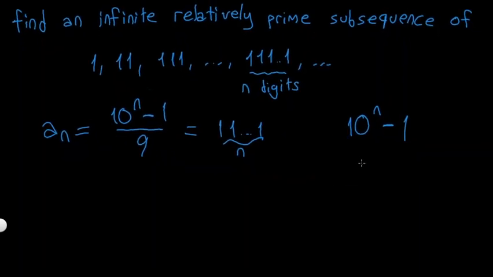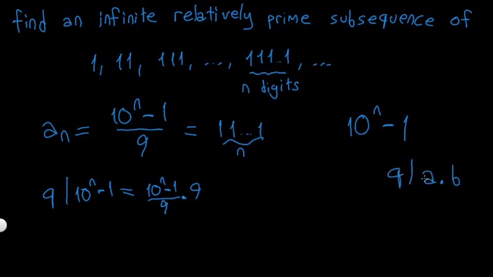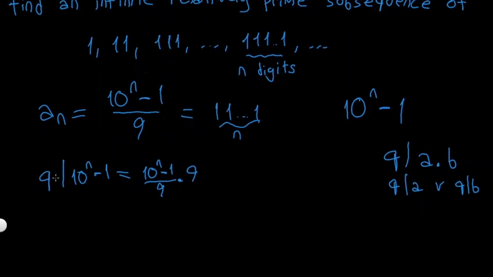So how can I do that? For example, if a prime number q divides 10^n - 1, which is (10^n - 1)/9 times 9, I know that if q divides ab for any prime q, then q divides a or q divides b. So if q divides this multiplication, q will divide this or this.